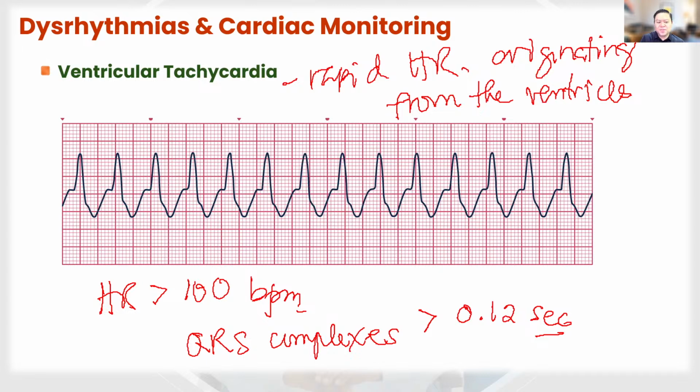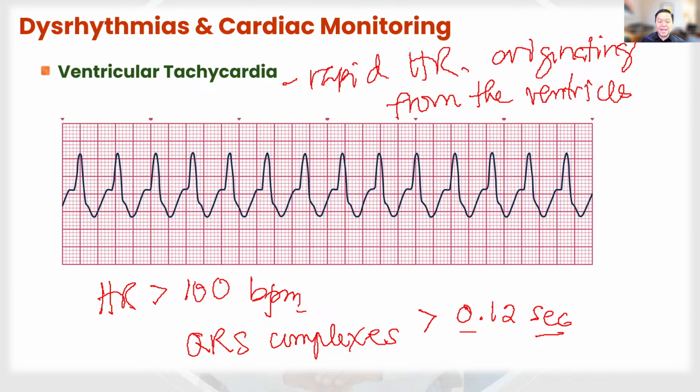Okay, so this is our criterion in looking for ventricular tachycardia. There are abnormal QRS complexes greater than 0.12 seconds, and they're going to occur in rapid succession.